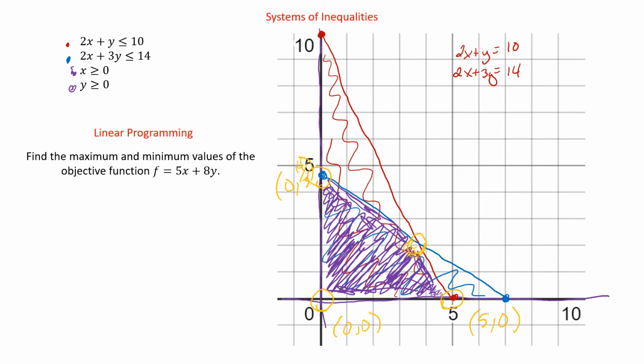We can multiply this top one by -1, make that negative 2x minus y equals negative 10. Add these together. So we end up with 2y equals 4. So y equals 2. And if y equals 2, we have 2x plus 2 equals 10. So 2x equals 8. So x equals 4.